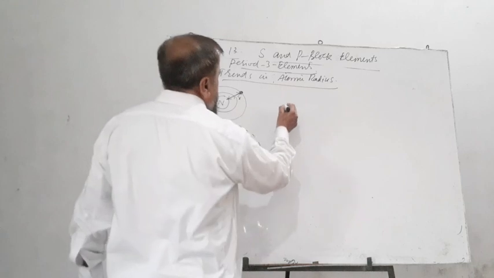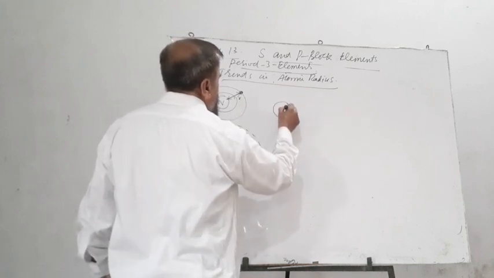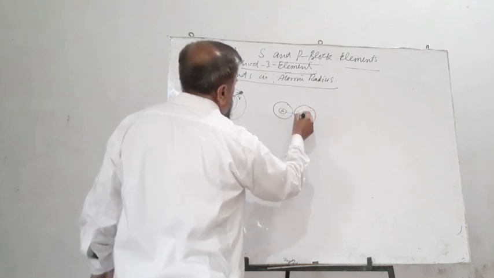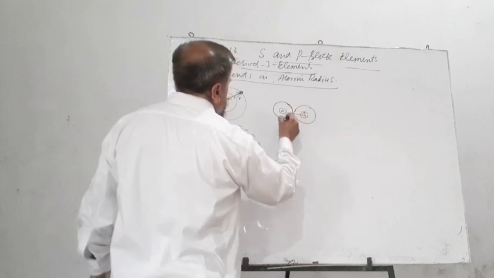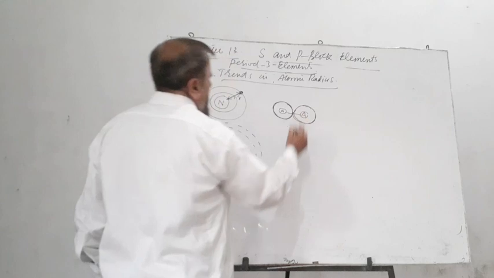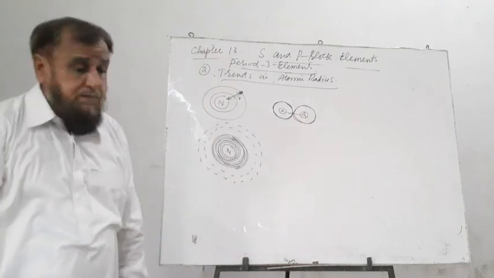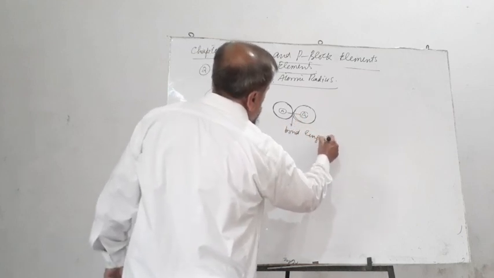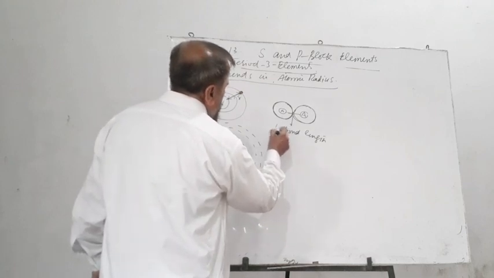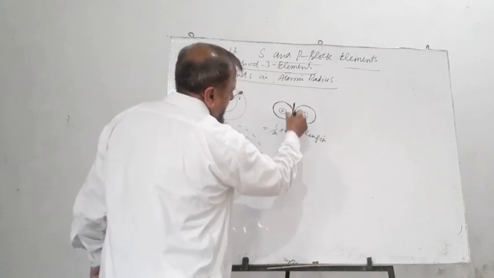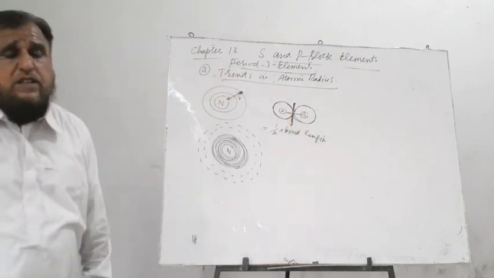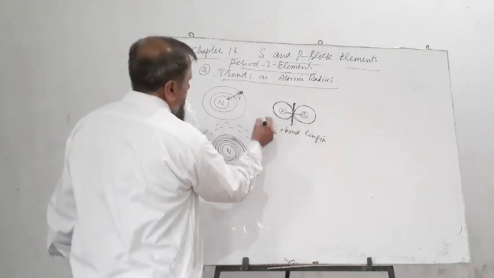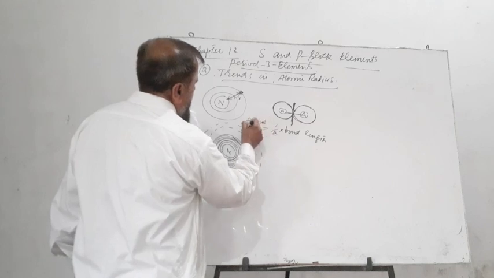Therefore, the exact definition is this: if we have two similar atoms, A, brought in contact to form a bond, at a distance called the equilibrium internuclear distance, the distance of closest approach, then one half of the internuclear distance between the two atoms is known as the atomic radius.